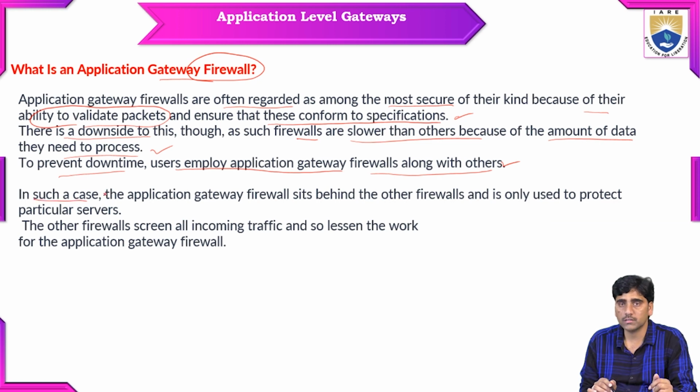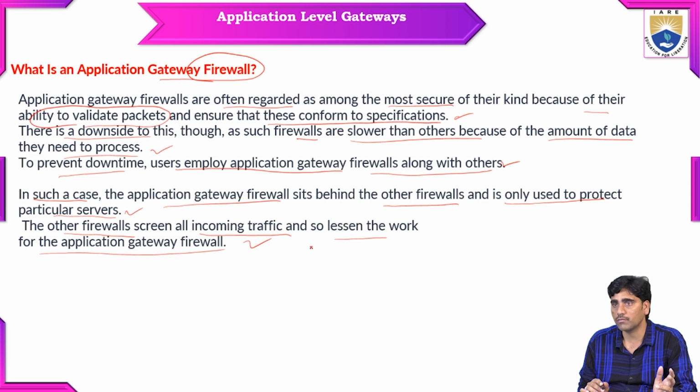In such a case, the application gateway firewall sits behind the other firewalls and is only used to protect particular servers. The other firewalls screen all incoming traffic and so lessen the work for the application level gateway firewall.